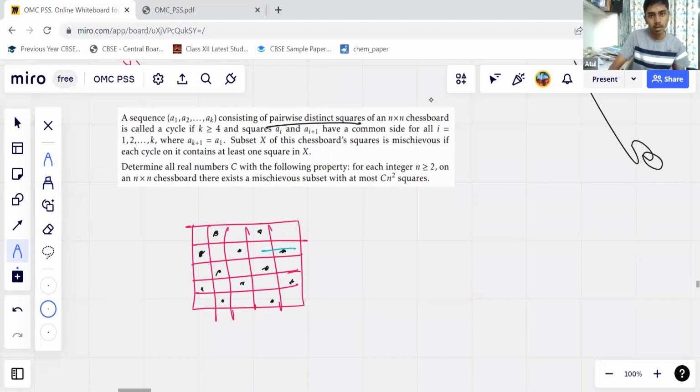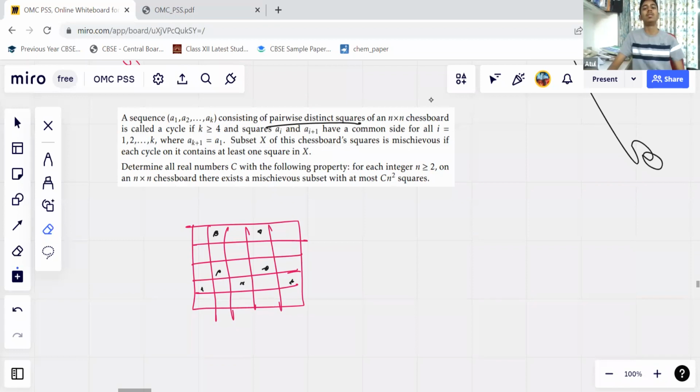Okay. So in some sense, it's just saying that the uncolored squares, they like form a tree or something. For example, we can delete this. We can delete this, even this, even this, no?